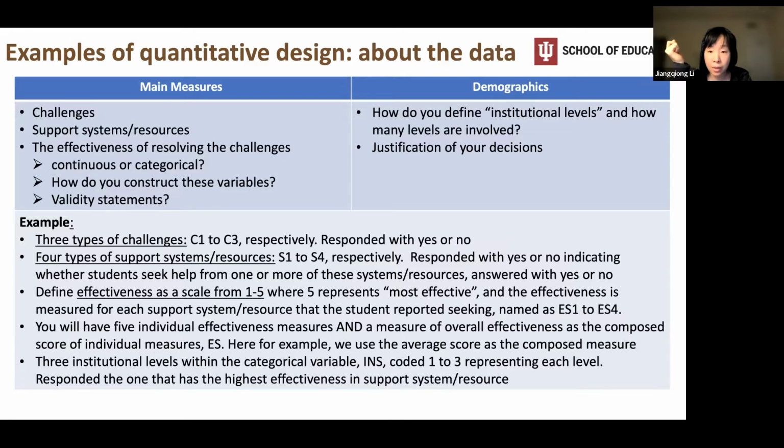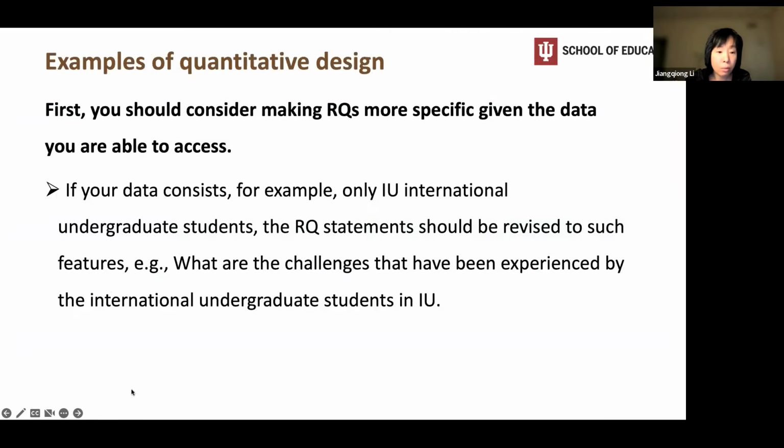If you're going to send out a survey, how you're going to design each of the question statements so that you can collect the exact information you need, right? So here I listed some of the main measures and maybe some background information.